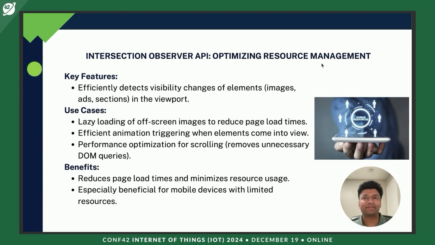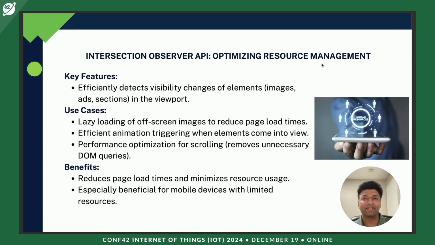The Intersection Observer API might not sound glamorous, but it's a powerhouse when it comes to optimizing performance. It tracks when elements enter or leave the viewport, making it perfect for lazy loading and triggering animations. For a fashion retailer, we used this API to lazy load product images.